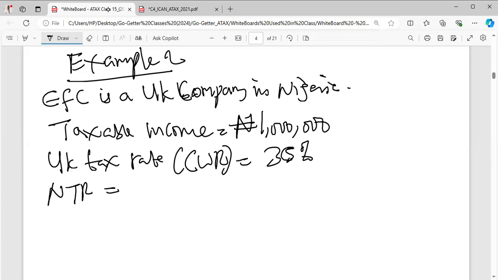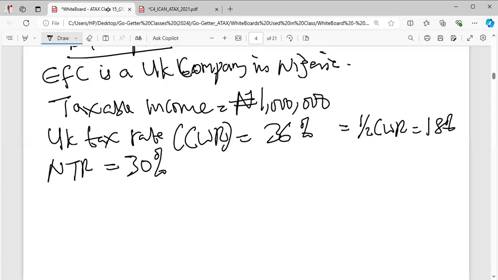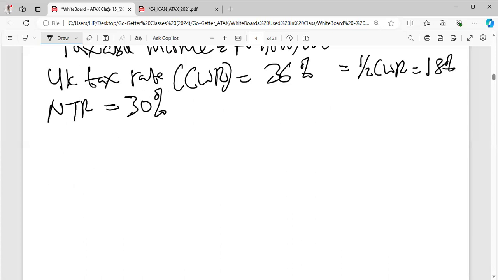I don't want to be doing fractions. Let me use 36%. Nigerian tax rate already is 30%. So of course, you would say half CWR should be 18%.